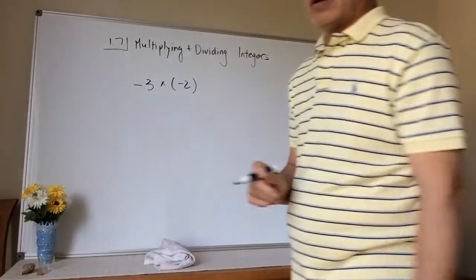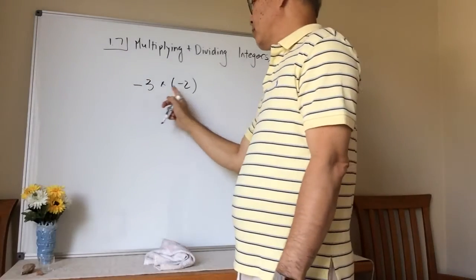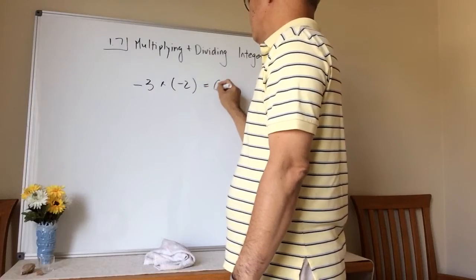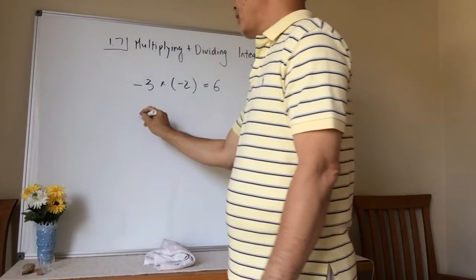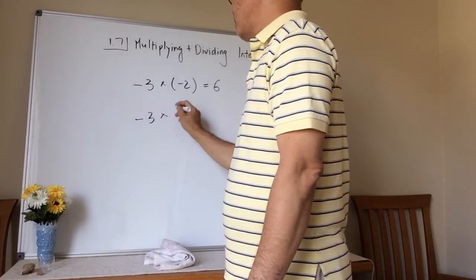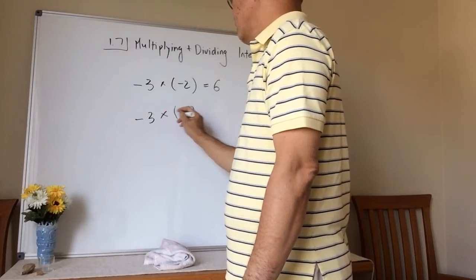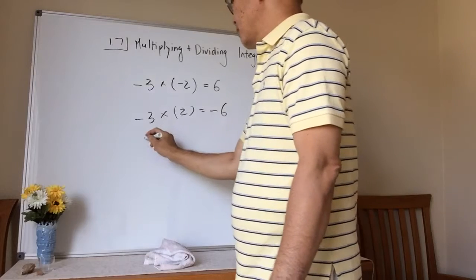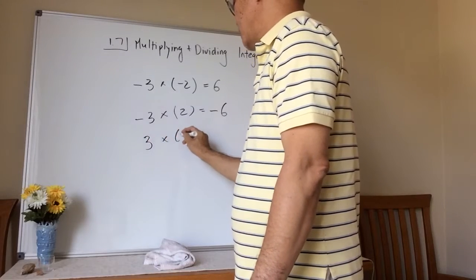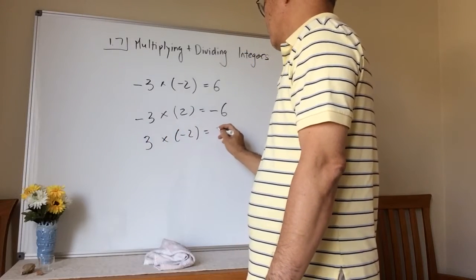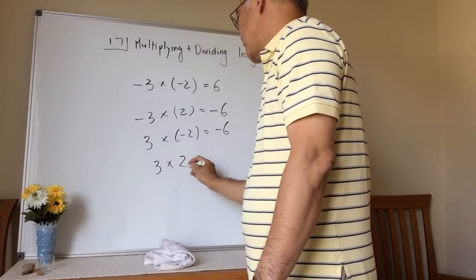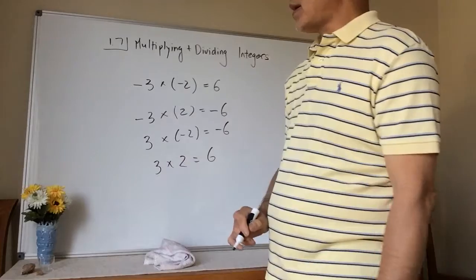Okay, so when you have a negative multiplied by a negative, you end up with a positive. If you have a negative multiplied by a positive, you come up with a negative. A positive times a negative is a negative, and obviously a positive times a positive is a positive.